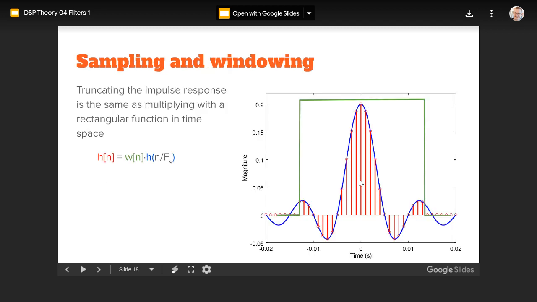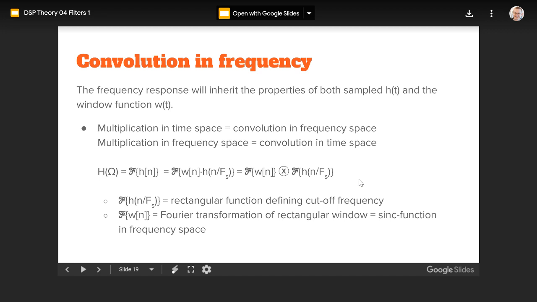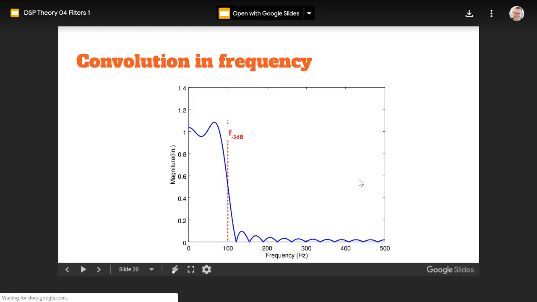Then we multiply that with a window. So here we have the sampled finite impulse response, sampled sinc times that window. Convolution in frequency, multiplication in time, same thing. And basically that's what comes out.